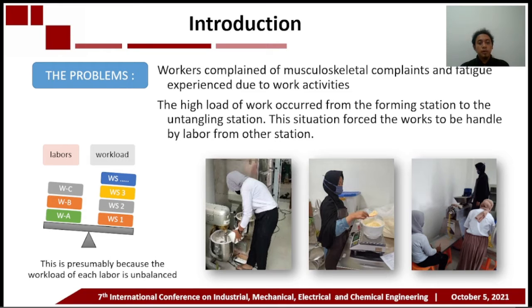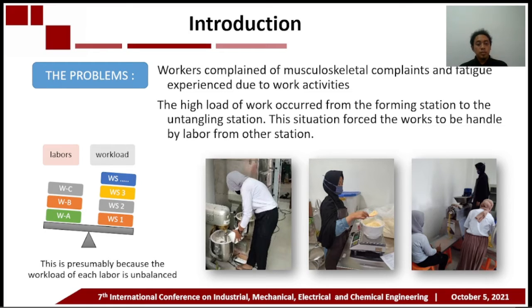The problem we found is that workers complain of musculoskeletal complaints and fatigue from the work activities. Because a high load of work occurs from the forming station to the untangling station, this situation forces the work to be handled by labor from other stations.